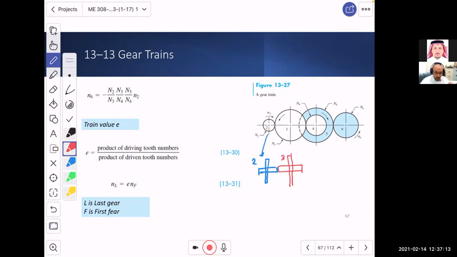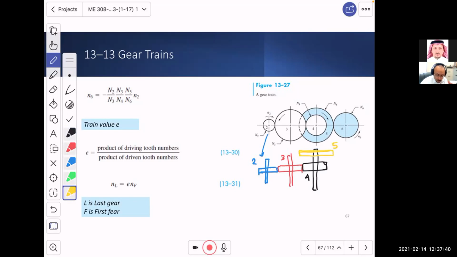Good. Now, gear number 4 is actually not one single gear. There are actually 2. So gear number 4 is engaged with here. That's number 4. But behind it, there is another gear, which is a little bit bigger. And this gear is number 5. Now, be careful.